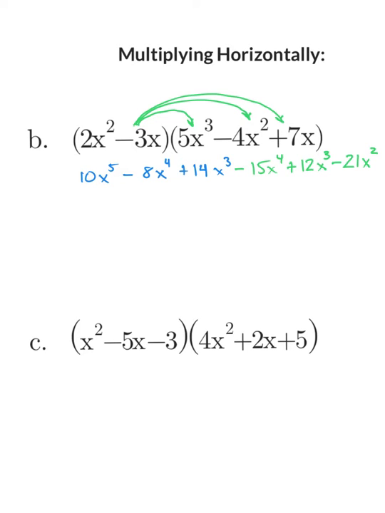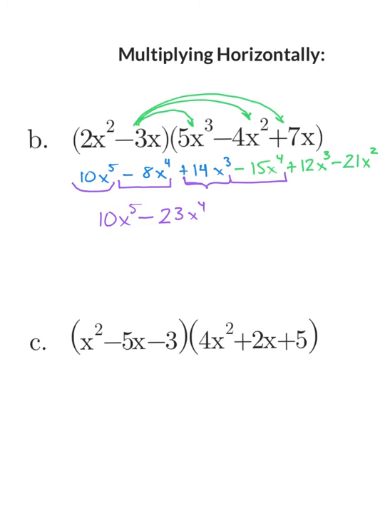Our last step, we want to combine our like terms. Our 10x to the 5th has nothing to combine with, so we'll just bring it down. We have negative 8x to the 4th and negative 15x to the 4th. They have the same signs, so we're going to add and keep the sign. We get negative 23x to the 4th.